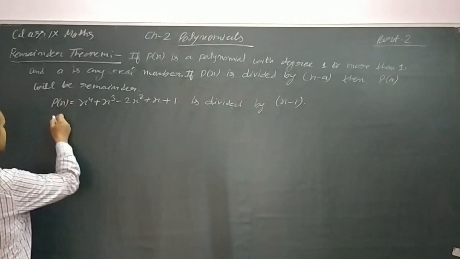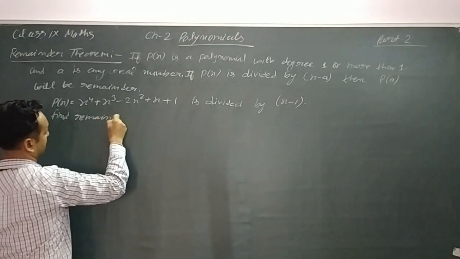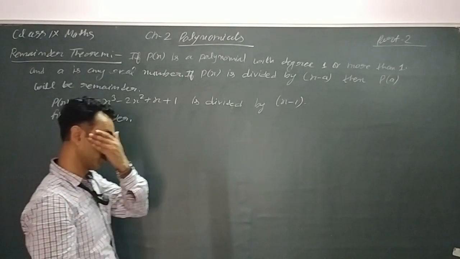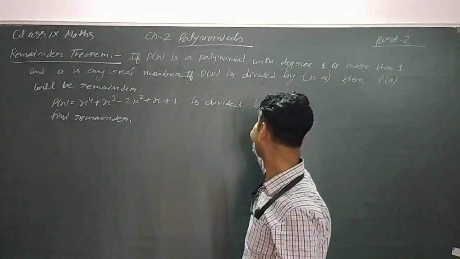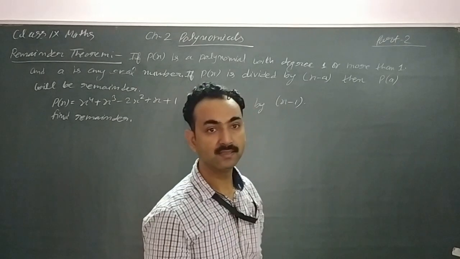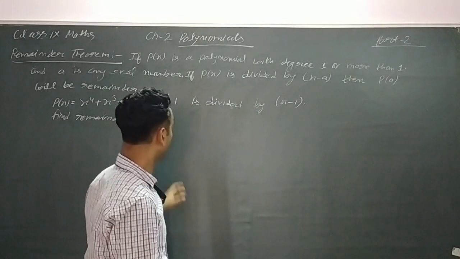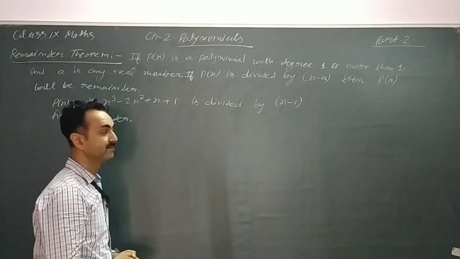Find the remainder. The simple method is to divide this polynomial by x minus 1, then you can find the remainder. But it is a time consuming method. So there is a theorem which we have to use here.